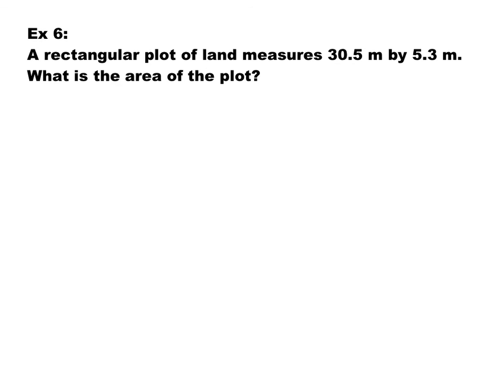The next and the last example says that you have a rectangular plot of land, something like this one, which is 30.5 by 5.3 meters. So this is 30.5 and this is 5.3 meters.